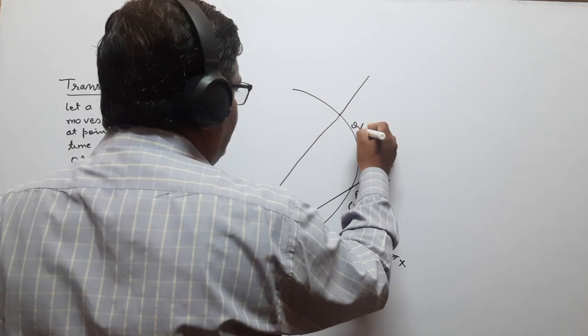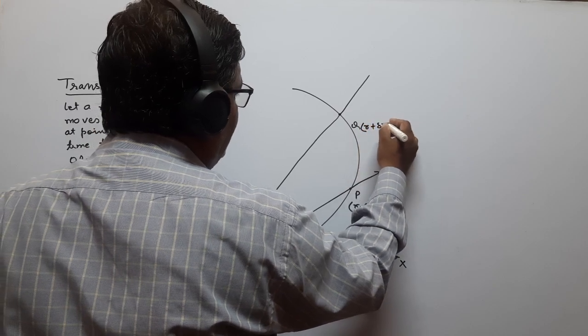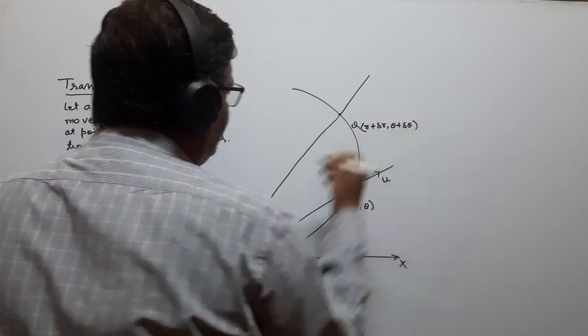Also we suppose that the polar coordinates of point Q are r plus del r and theta plus del theta.